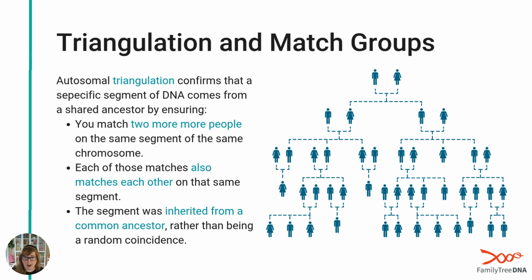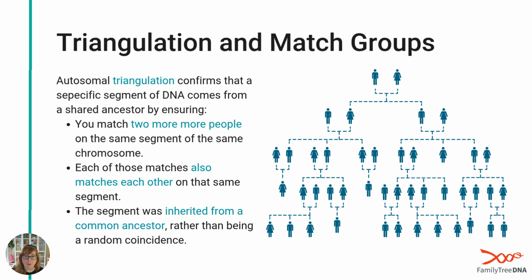Before we dig into how, let's go over why we're going to be following these next steps. By triangulating matches, which is forming groups of at least 3 matches who all match each other and all overlap on the same DNA segment with each other, you can deduce that the members of that match group all descend from the same common ancestor who passed down that segment of DNA to each of them and to you.